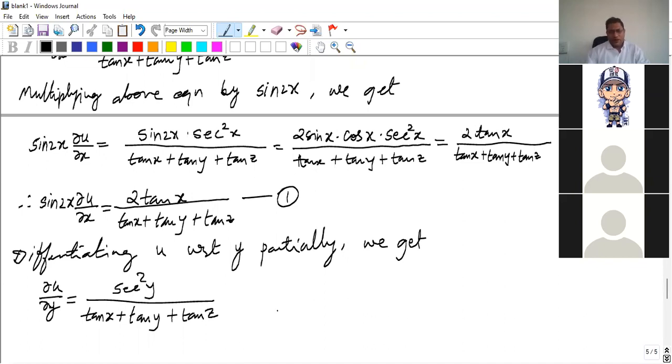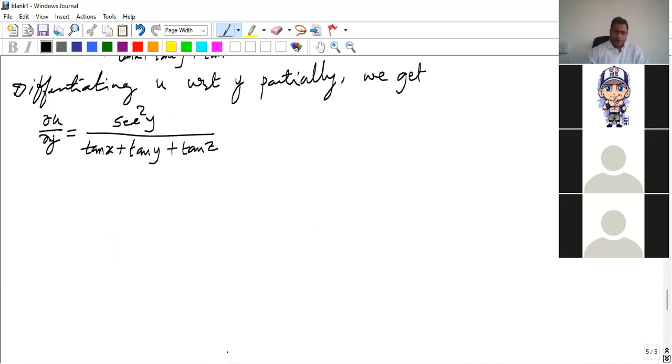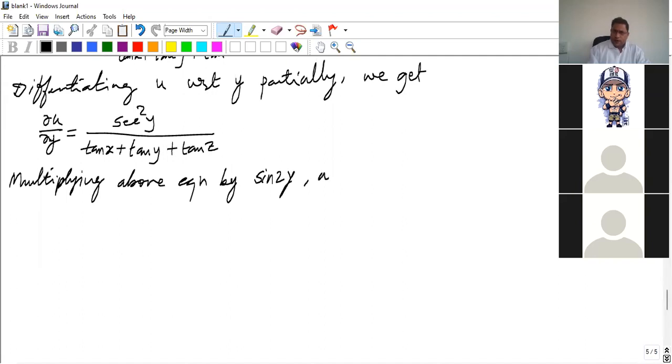We have to multiply this by sin 2y. So, multiplying the above equation by sin 2y we get.